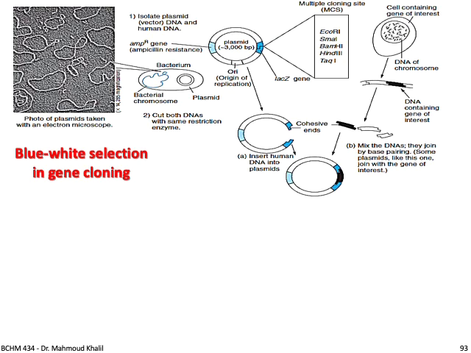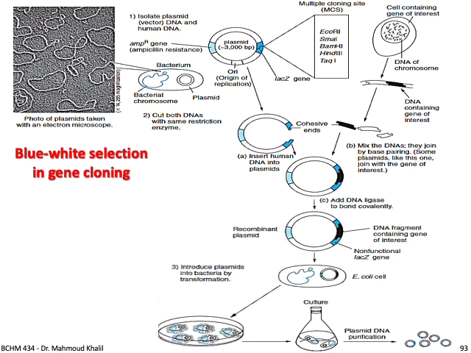If you cut the plasmid with any of these restriction enzymes and now insert the gene of interest, the black one, inside the lacZ gene, that means the lacZ gene, which normally produces blue color when X-gal, an artificial lactose, is introduced into the medium of the bacteria, is interrupted by the gene of interest, and the colony will look white.